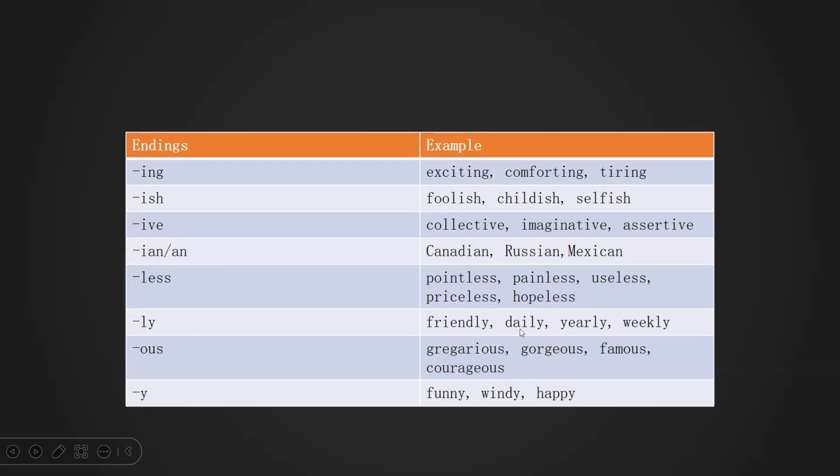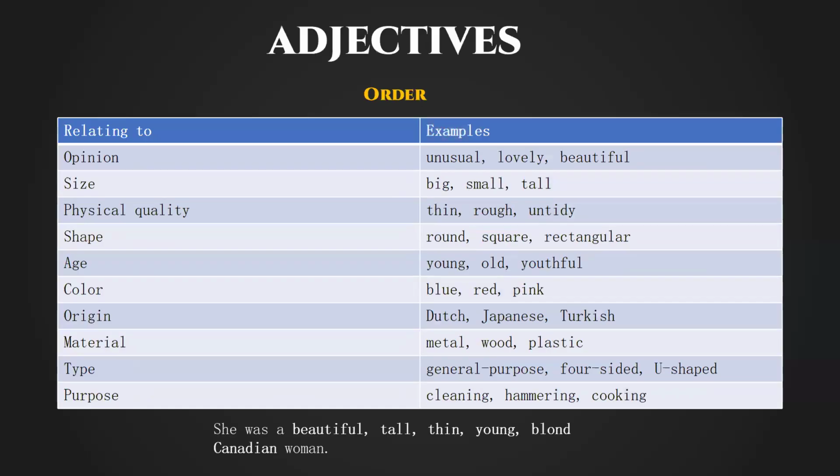Ly, friendly, daily, yearly, weekly. Ous, gregarious, gorgeous, famous, courageous. Y, funny, windy, happy. These are endings for adjectives. Perfect.